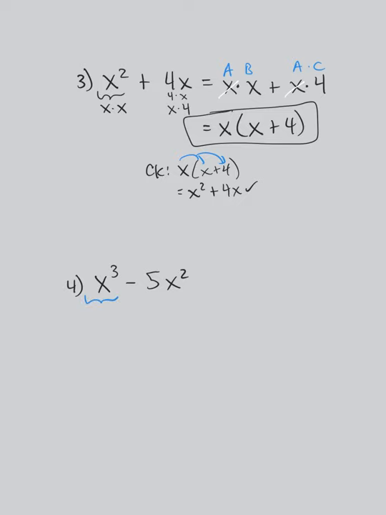If you think about x cubed, that's x times x times x, like that, and then minus 5x squared, that's 5 times x times x. So what all do they have in common? Okay, yes, they do have an x in common, but notice that they actually have two x's in common, like that.